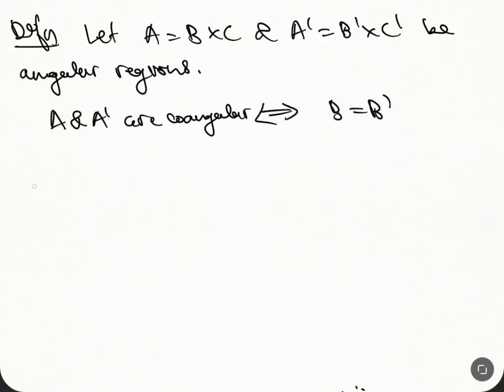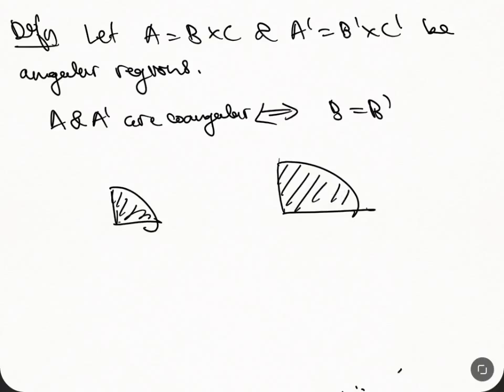Okay, so what are examples? Here we could take a region like this. We could take a much bigger region, the same angle. So these two are coangular.